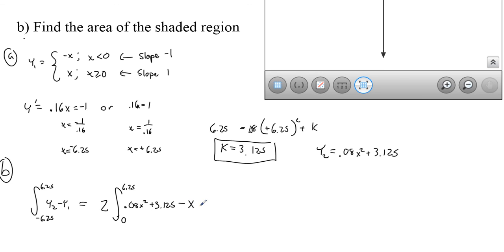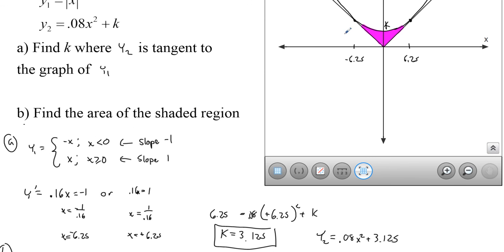So minus x dx for this whole thing. And again, we got a bunch of decimals in there. I'm not going to mess with that since I have a calculator and they didn't tell me I couldn't use a calculator. So I'm just going to plug it in, and I don't even have to simplify it. What that will spit out is 13.021. And that is the area of this region.